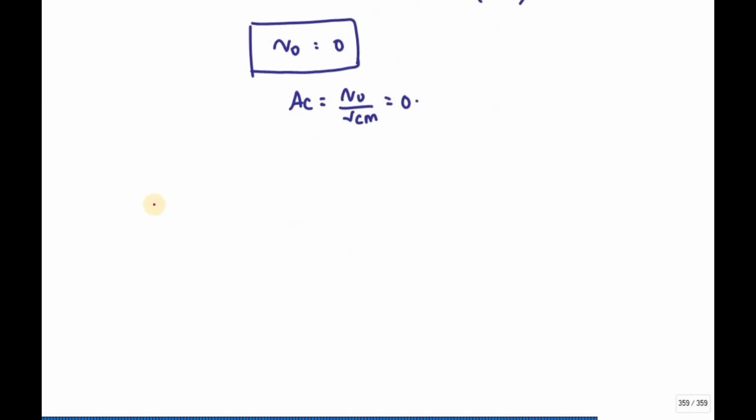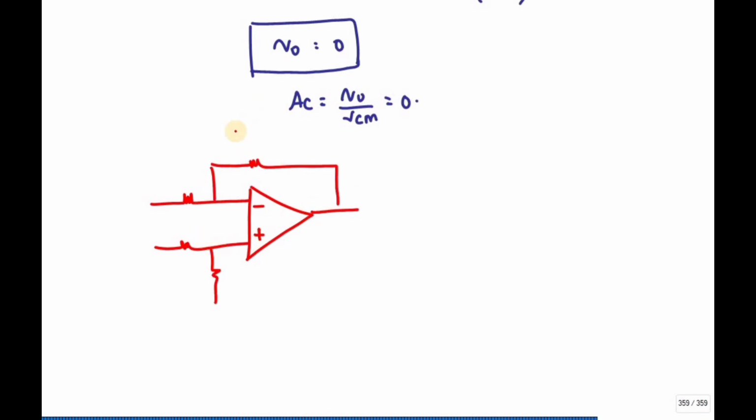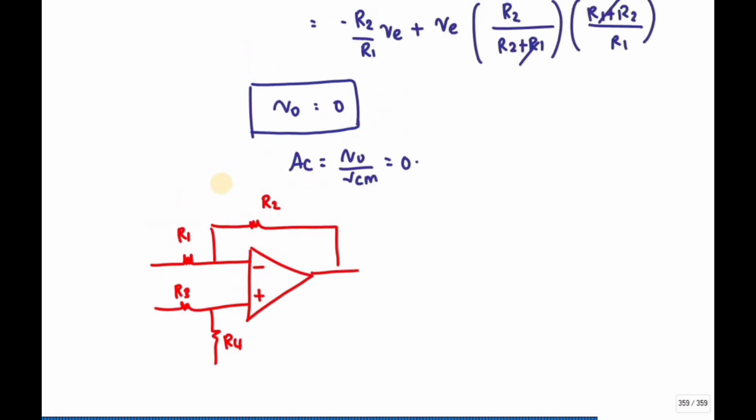Now I am going to apply the differential signal to this differential amplifier, with R3, R4, R2, R1.